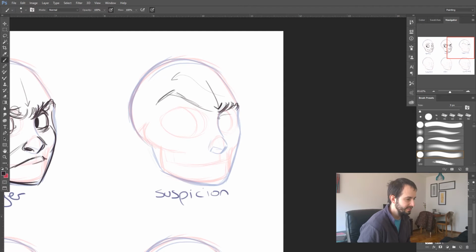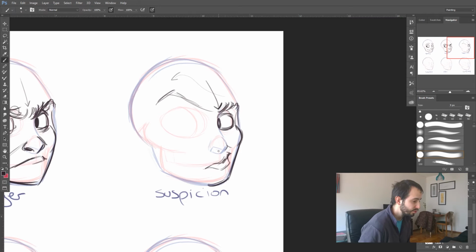So in this one, you can make this eye a little bit closer. The mouth is going to come this way. So this is going to be a bit compressed. The eye is going to be a bit closer.